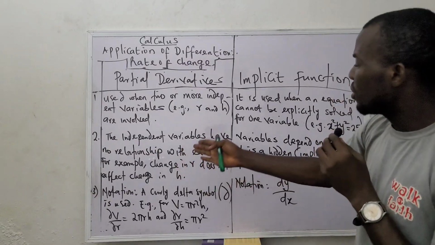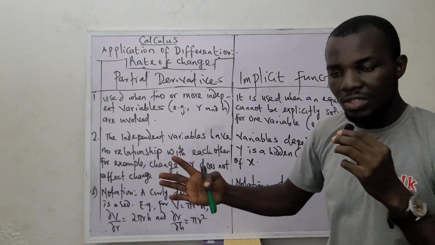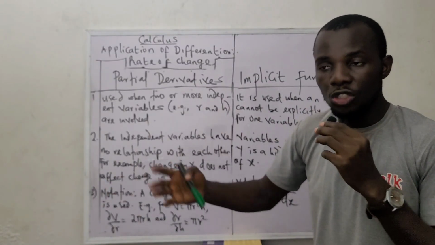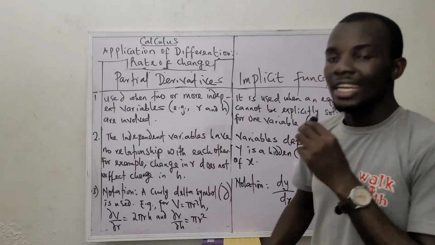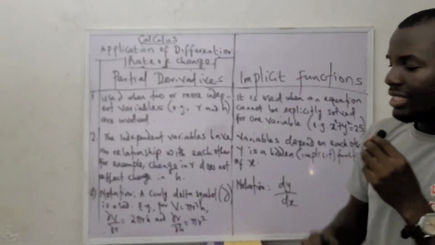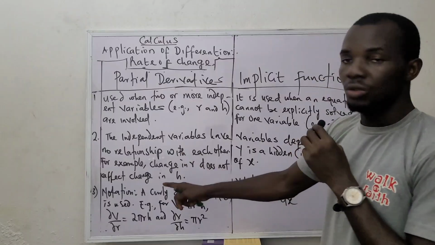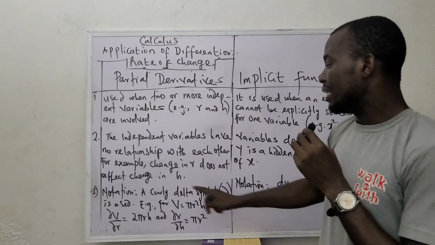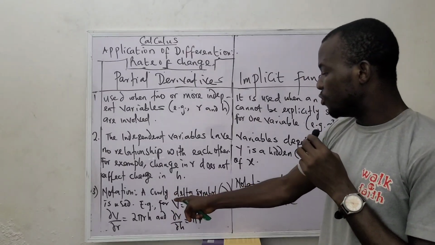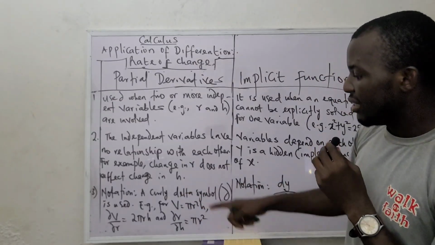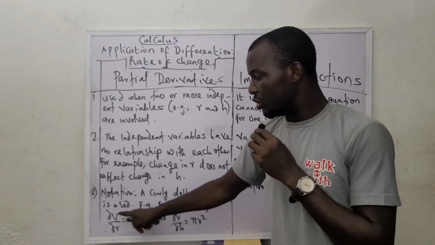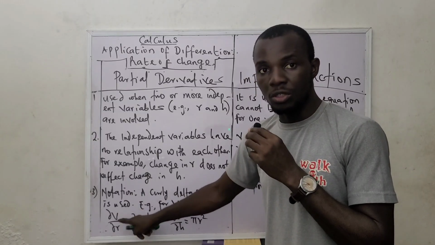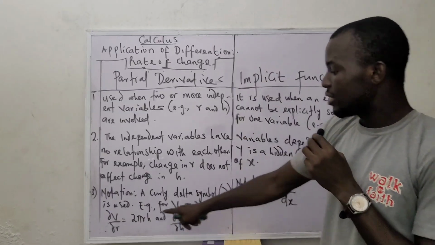But in this case, because r and h are mutually exclusive, they have no relationship, we differentiate them individually. We differentiate the entire function with respect to r, then with respect to h. Another thing is the notation: a curly delta symbol is used. E.g., for the volume of a cylinder, the partial derivative del V del r, that is the partial derivative of V with respect to r, is 2 pi rh.